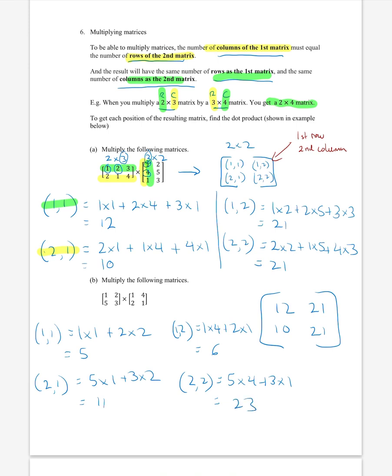Okay, so how did I decide it was going to be a 2 by 2? Well, we've got a 2 by 2 and a 2 by 2, which gives me a 2 by 2 matrix by following our rule from before. So the rows are the first, the columns are the second. Okay, and so your answer then is 5, 6, 11, 23.